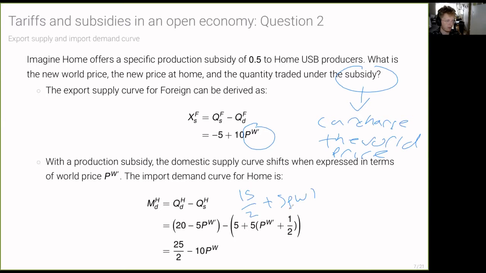So this is the same. So we're just plugging this in there, and recall that this was 15 over 2 plus 5 PW, and so what that's going to give me is, if this is 20.